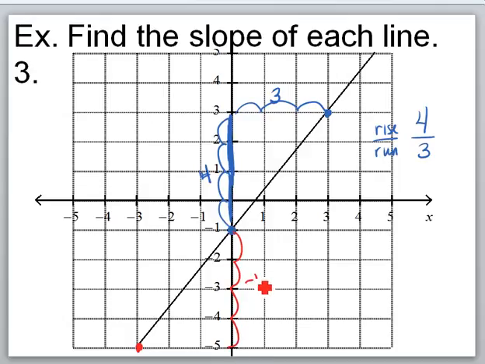When you're going down, that's expressing a negative value. So your rise would be a negative 4, where your run, 1, 2, 3, would be a negative 3 because you're moving to the left. Notice that negative 4 over negative 3 is equal to 4 over 3. So you get the same slope no matter which way you do it.